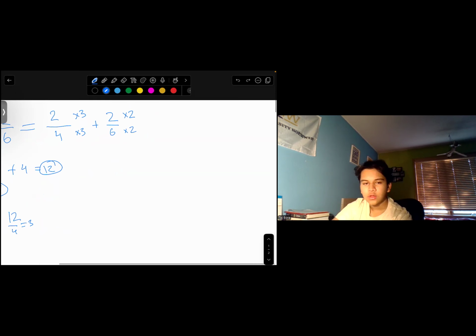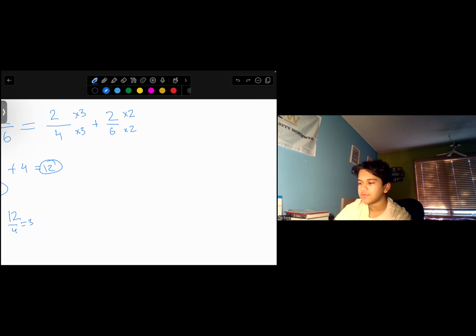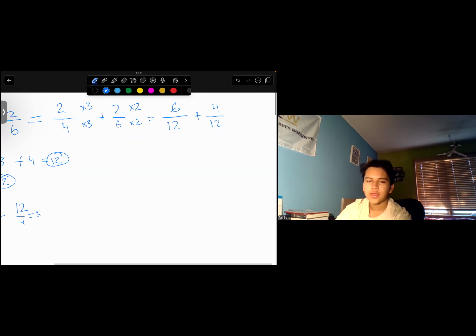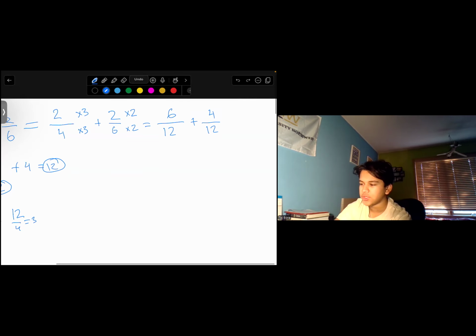So once we see that, we have some numbers to do. 2 times 3 would be 6, 4 times 3 would be 12. And then the next one, 2 times 2 would be 4, and 6 times 2 would be 12. Now that the bottom numbers are the same, only now can we add the top two numbers together.